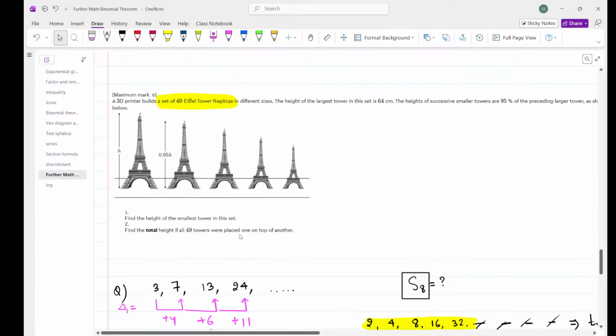What kind of thing is this? Why just n over 2? Tell me. Oh, that's for arithmetic. Is it arithmetic? No, it's geometric. So you have a times r. Wouldn't your r just be 0.95?